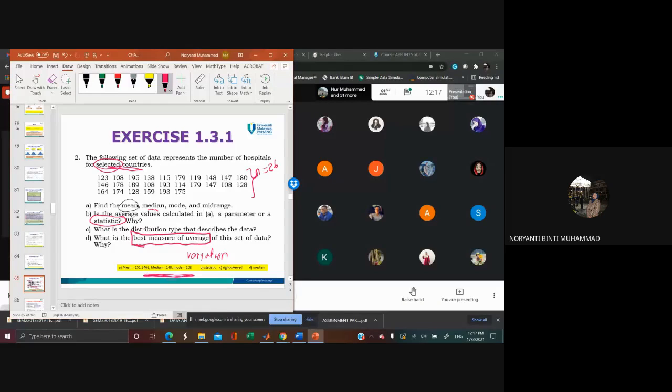If your shape is skewed to the right or skewed to the left, the best measure of variation is IQR, interquartile range. That one you learn in 1.4. Okay, IQR. If your data is symmetric, it will be standard deviation or variance.